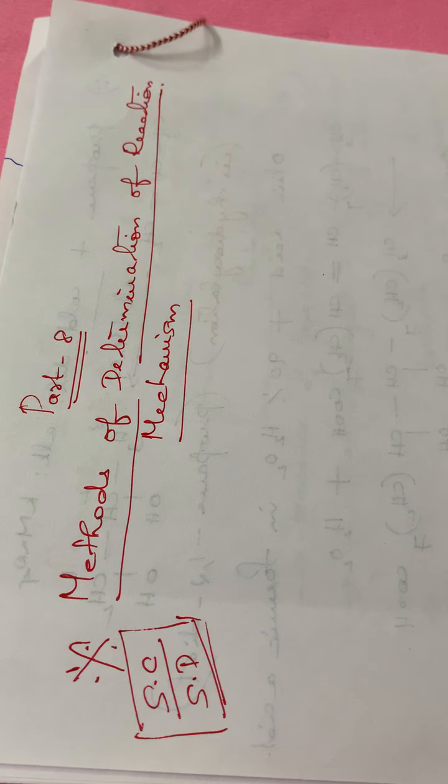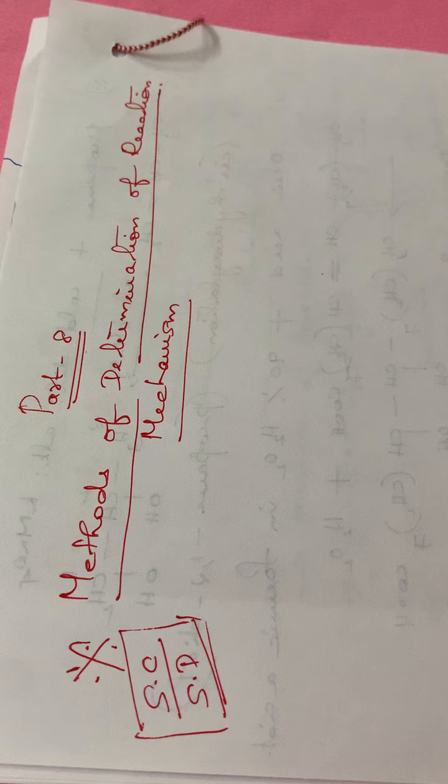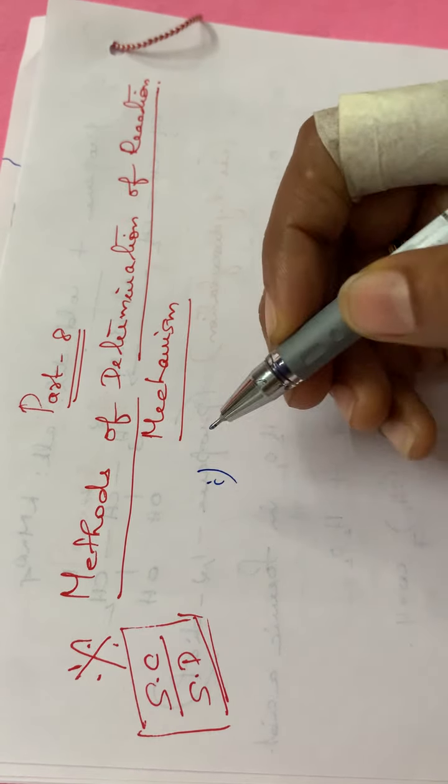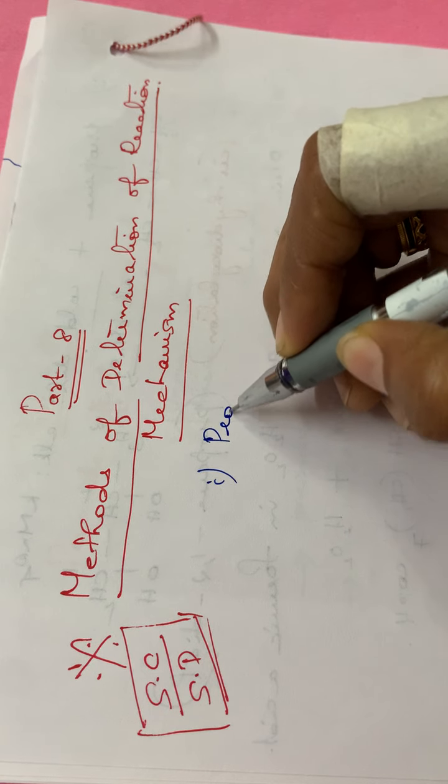This is very important. So next is methods of determination, and there are several methods of determination of the reaction mechanism, and some of them are given in your textbook. The first method for determining the reaction mechanism is product analysis.